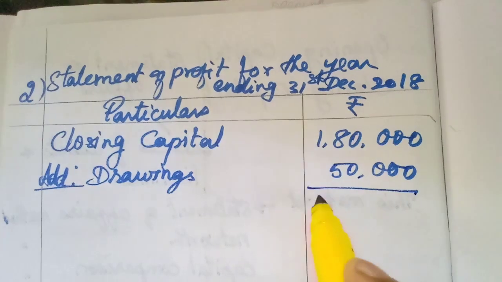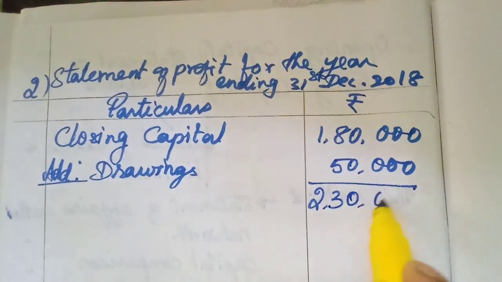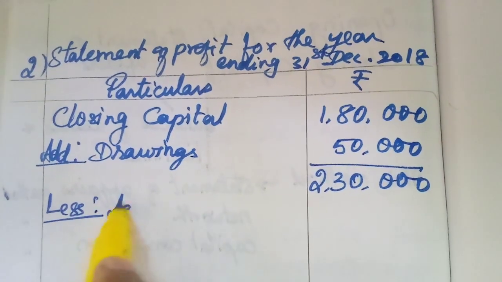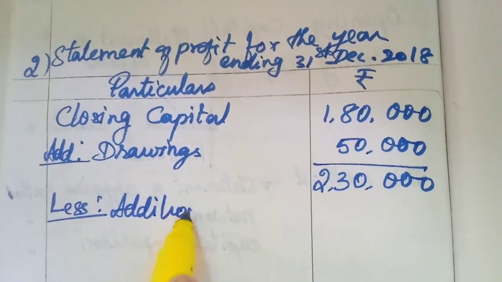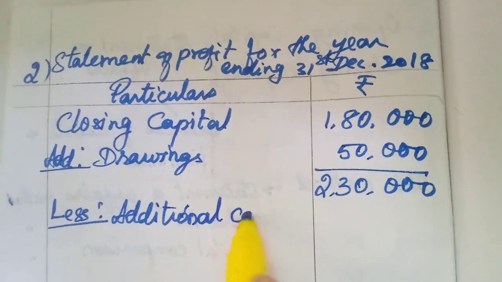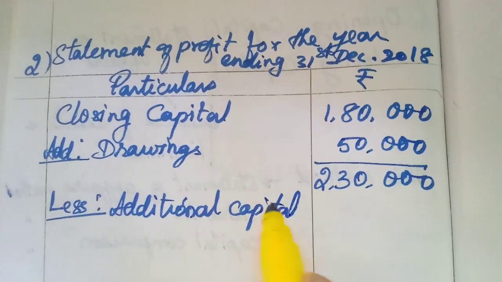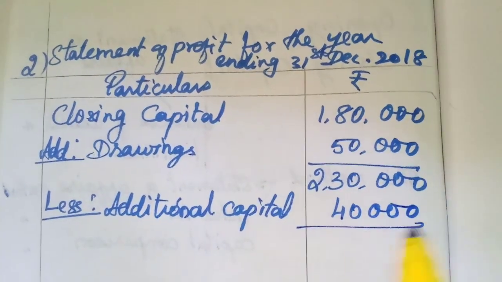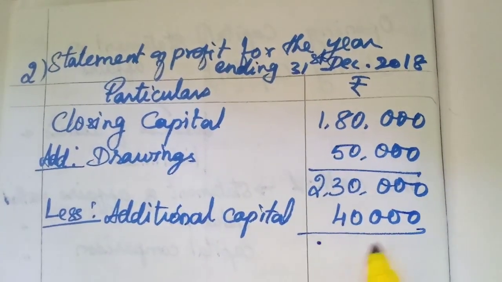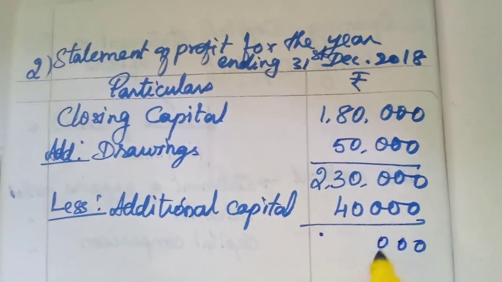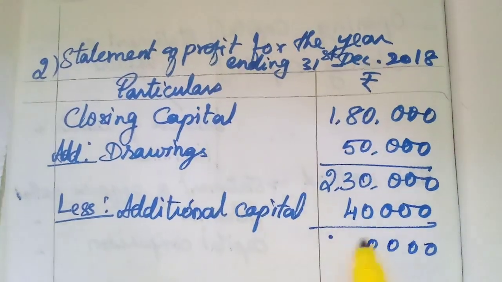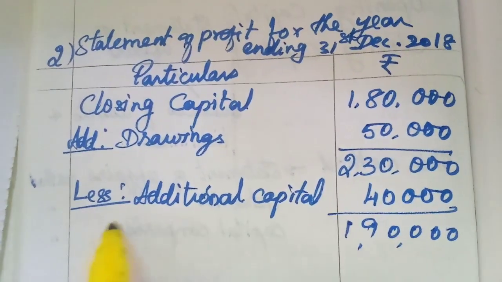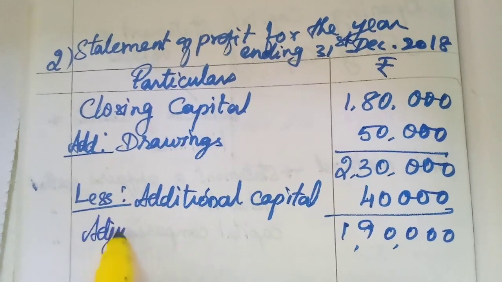Add, 2,30,000. Then less additional capital. Additional capital 40,000. 13 minus 4, 9, 1, so 1,90,000. This is the adjusted closing capital.